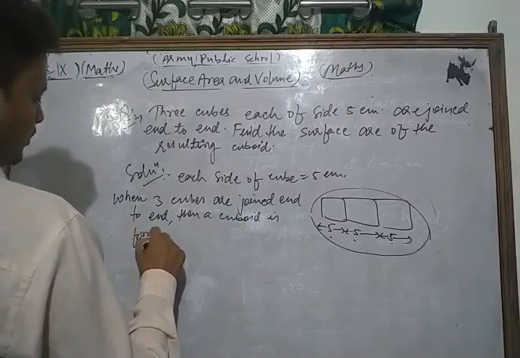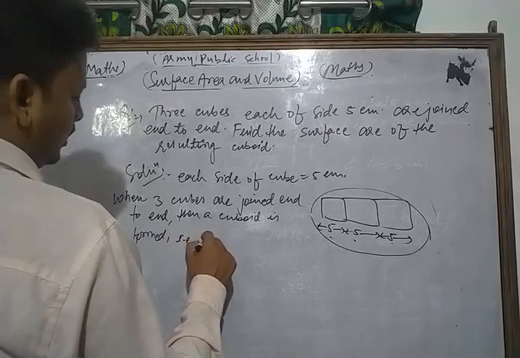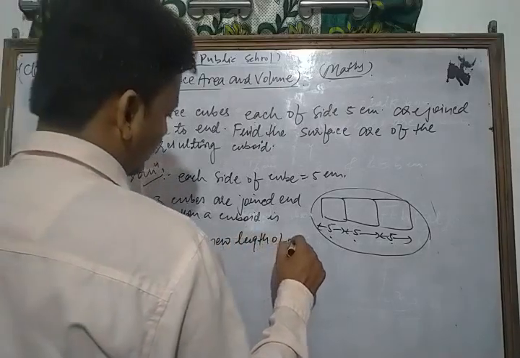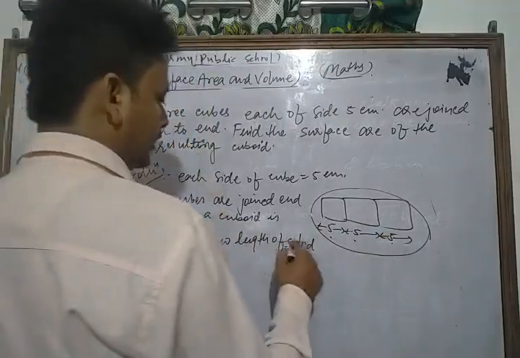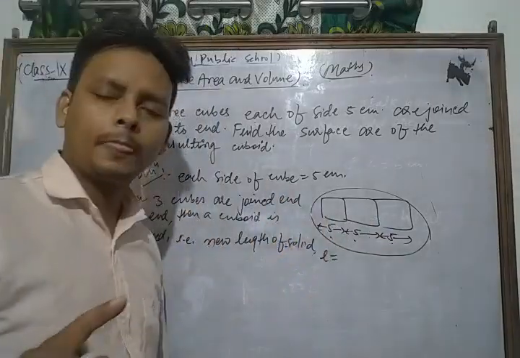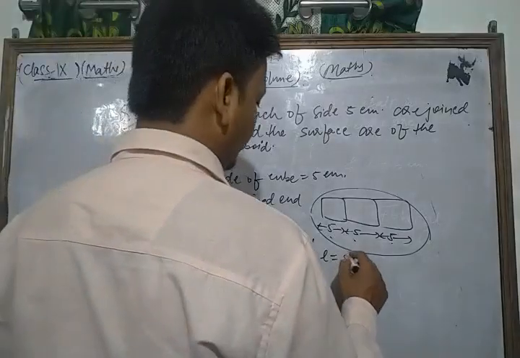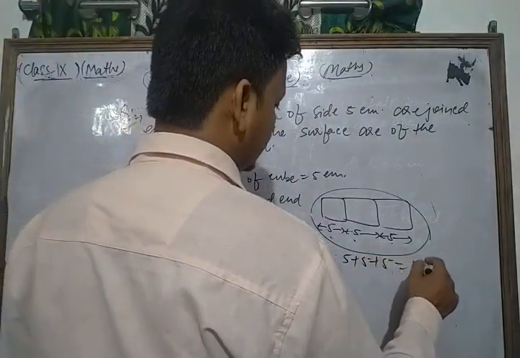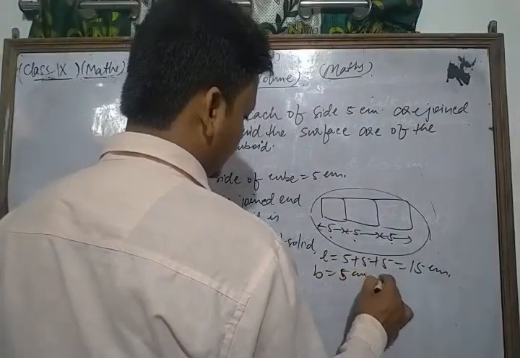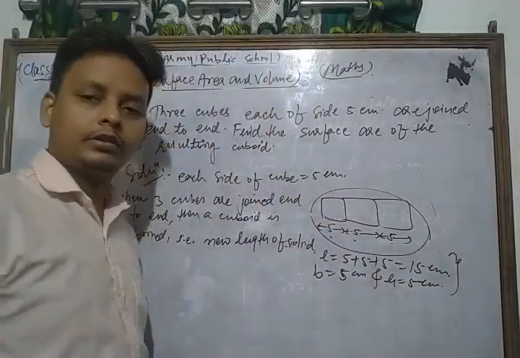The new length of the solid, the cuboid, is 5 plus 5 plus 5, that is 15 cm, but breadth and height are unchanged when three cubes join end to end.